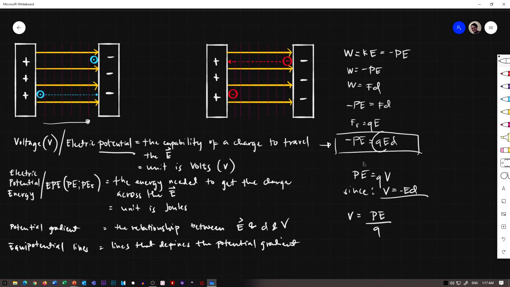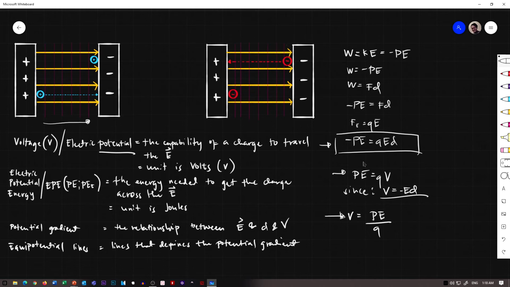Then you have QE, which is electric force, and then finally E for electric field. These will be the forms of derivation that you can use to arrive at the values that you will be needing. So we will be having some practice problems to elaborate further on this matter.